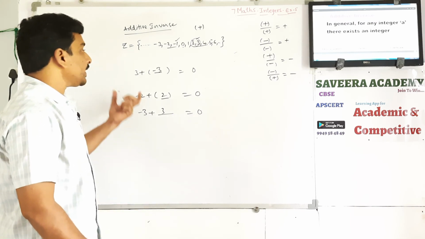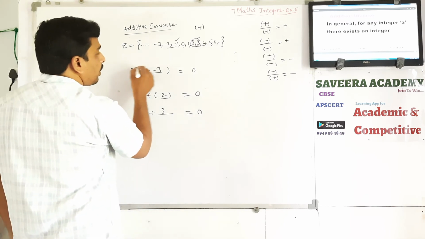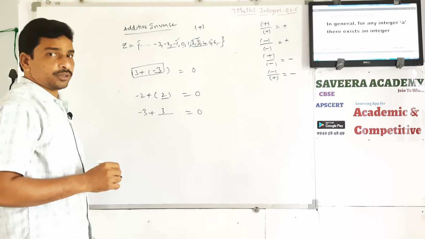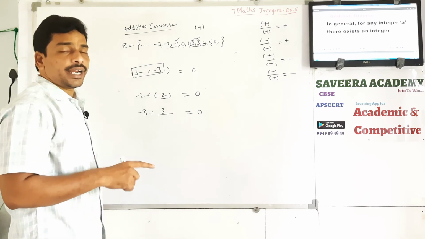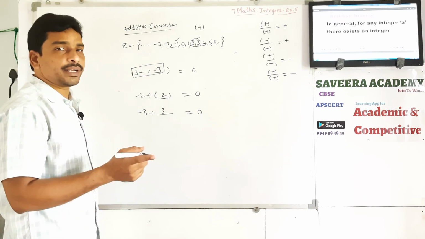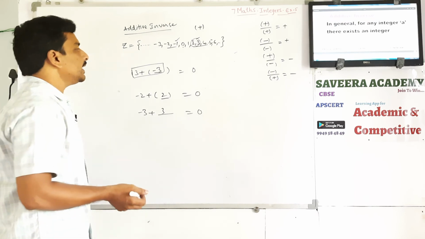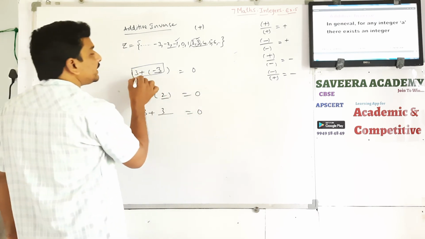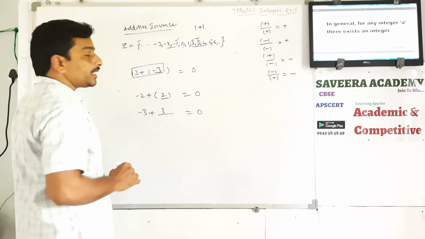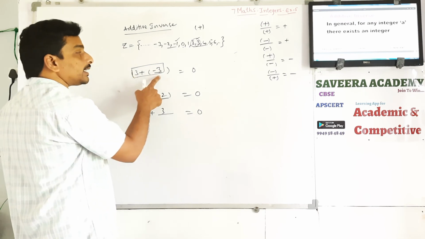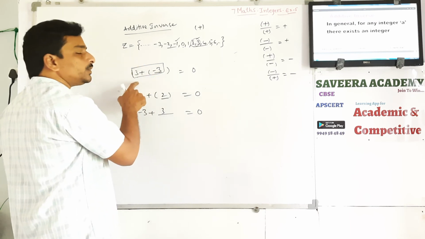In such a way, if the sum of two numbers is 0, then each one is called the additive inverse of the other. Suppose 3 is the additive inverse of minus 3, and minus 3 is the additive inverse of 3.